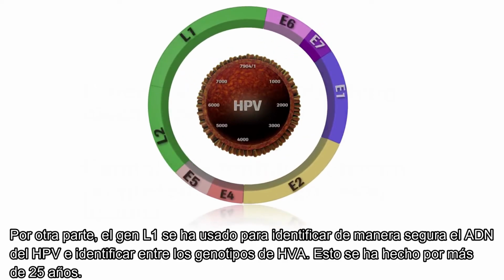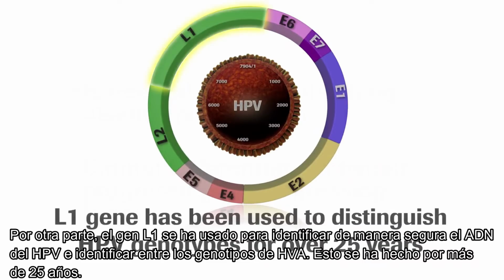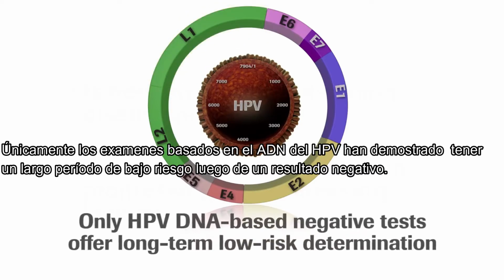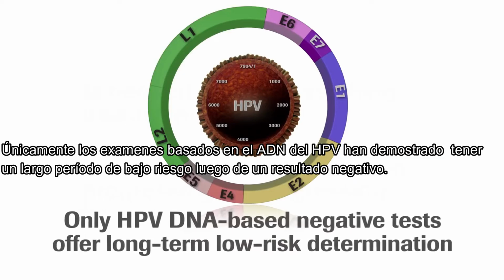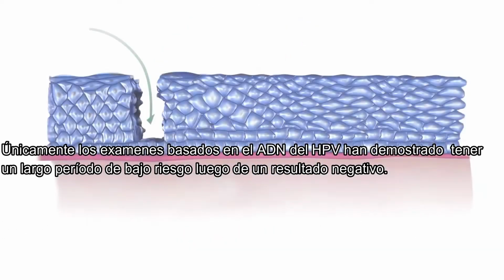On the other hand, the L1 gene has been used to reliably detect HPV DNA and distinguish one HPV genotype from another for over 25 years. Only DNA-based tests have been shown to have a long-term, low-risk period after a negative test.